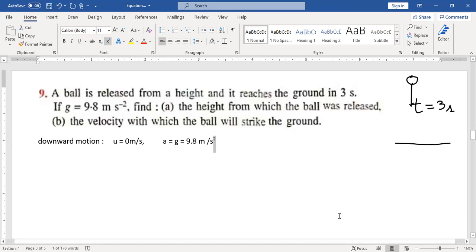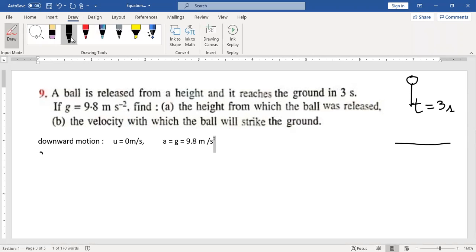Now for the first part we have to find height, and time is also given to us as 3 seconds. So here we will use the second equation of motion, that is S equal to ut plus half at square.